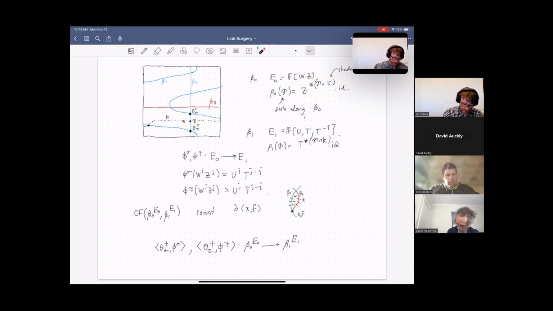And so in the end, I'm running out of time, so we're going to define G to be F composed with Z to the intersection of the beta 0 boundary. In the end, this works out to composing with Z to the intersection with the beta 0 boundary and K, and then composing T to the intersection of the beta 1 boundary of this class phi.